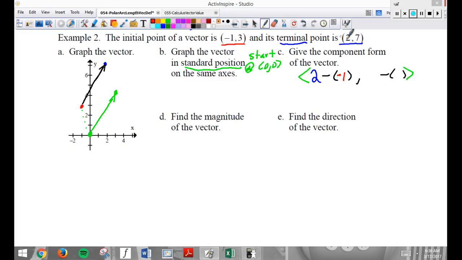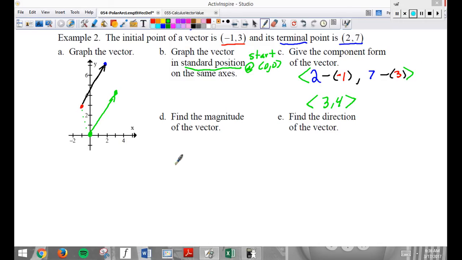Final X minus initial X, final Y minus initial Y. That's how we do it. And the component form is 3, 4. Does that check out? Good.